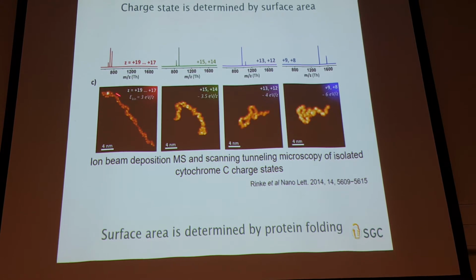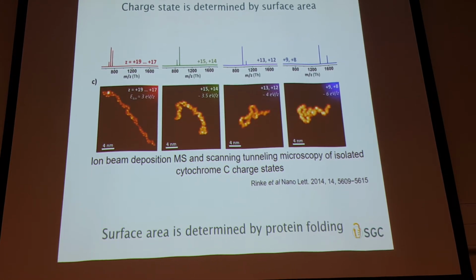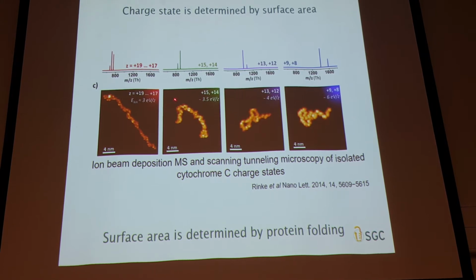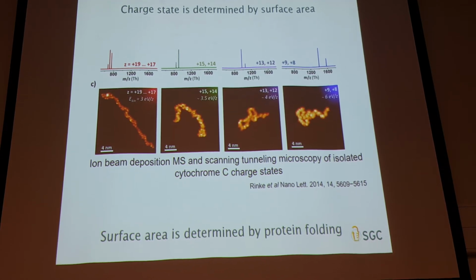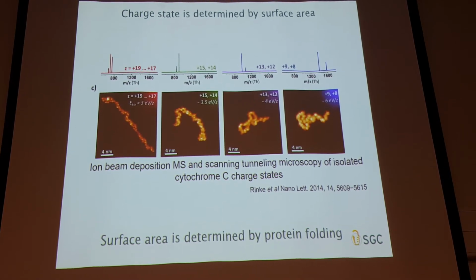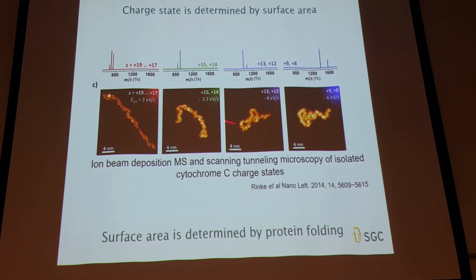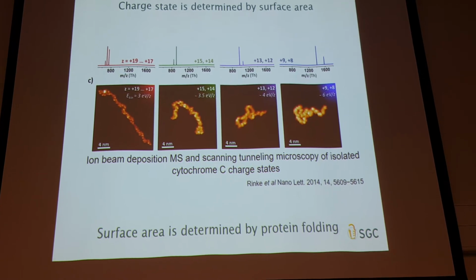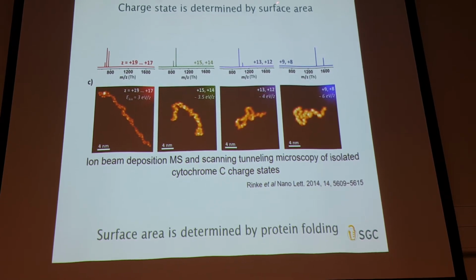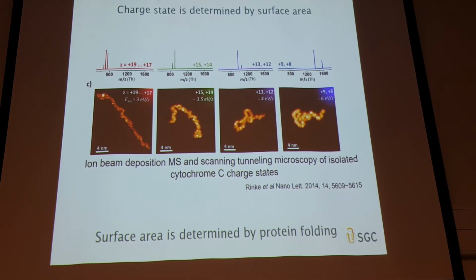And this is what he sees, that for the high charge states, we have a linearized structure. As we go down the charge state, they become progressively folded until we have a compacted structure here at the lowest charge state. These are all denaturing spectra, but you can see here that the surface area of your protein, the charge is determined by the degree of folding in your protein.